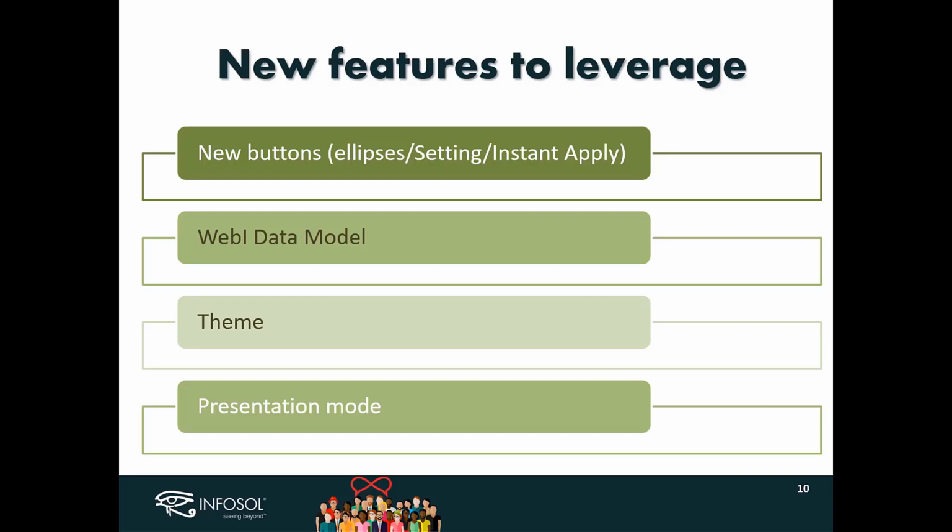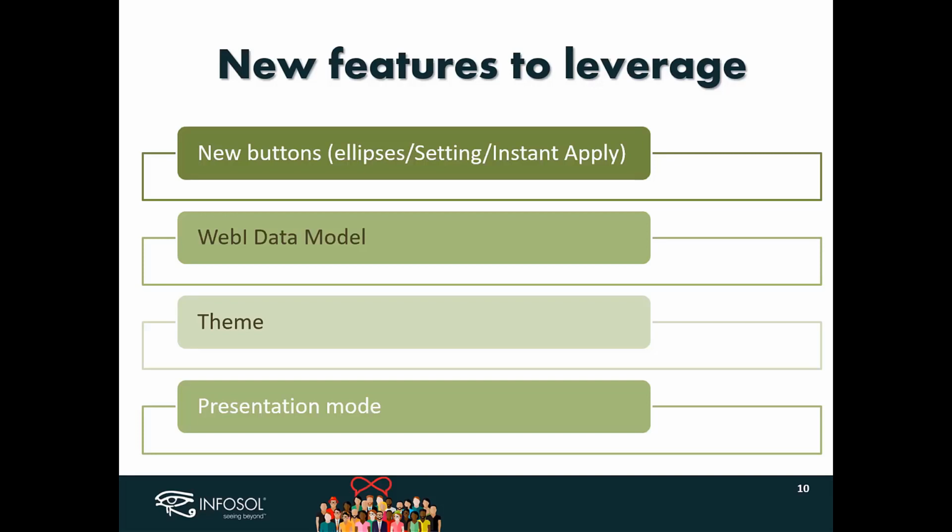Many of your right clicks, you can now use ellipses in place of that, and things like manage break, manage sorting, all those manage options that you used before are now found under the setting buttons. And there is a new button called instant apply. We'll see that. You can control to apply your changes instantly, or you can turn that off.